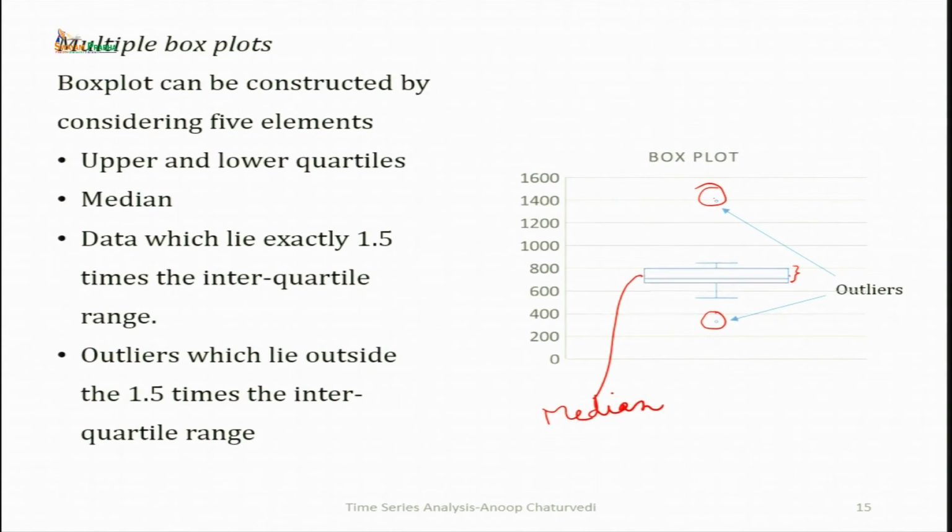And you only plot those points which are outside 1.5 times the interquartile range. Means you are plotting only those points which are outliers. Information about other points is contained in this box plot.